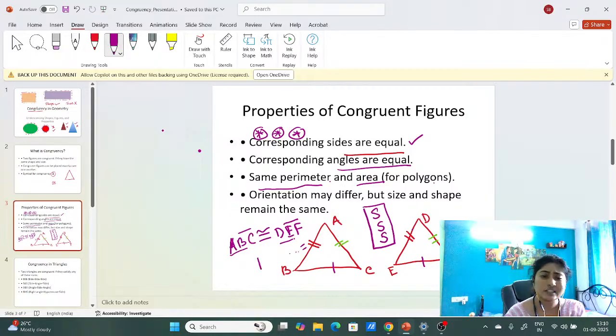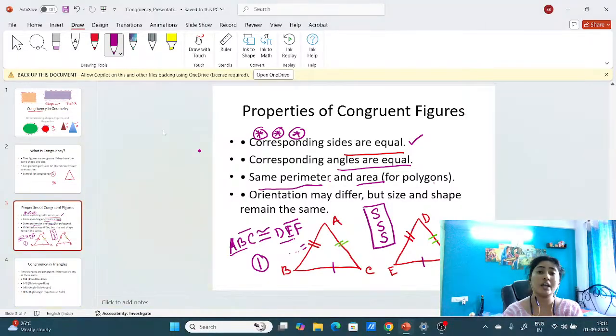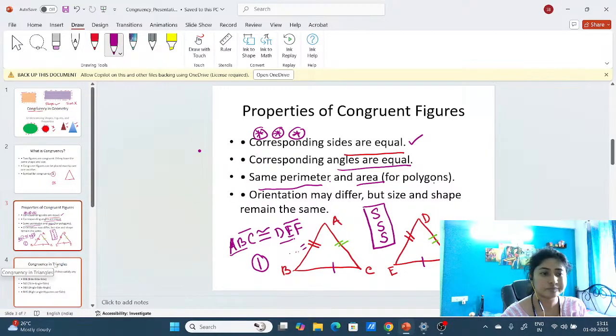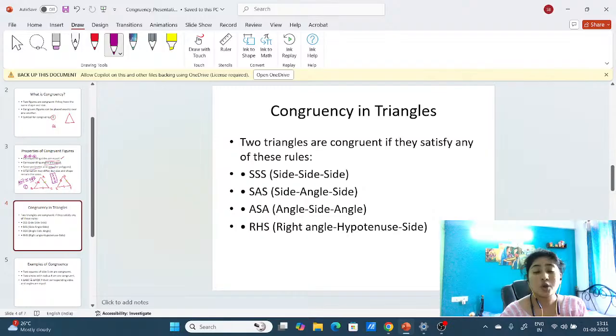But is there any other criteria also to check congruency? The answer is yes. There are a few more criteria by which we can check congruency. So let us see that also. Congruency in triangles can be checked in SSS manner, SAS manner, ASA manner, and RHS manner.